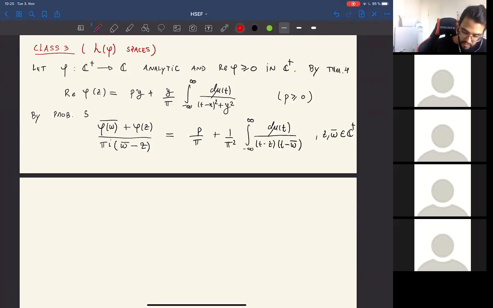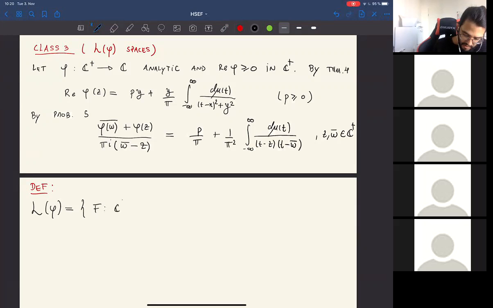Okay, so the definition of the L_phi space will be, so L_phi, what is it? Fancy L here.